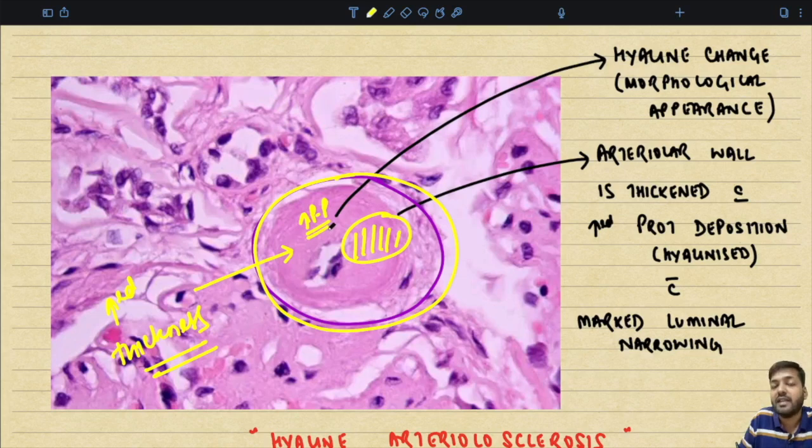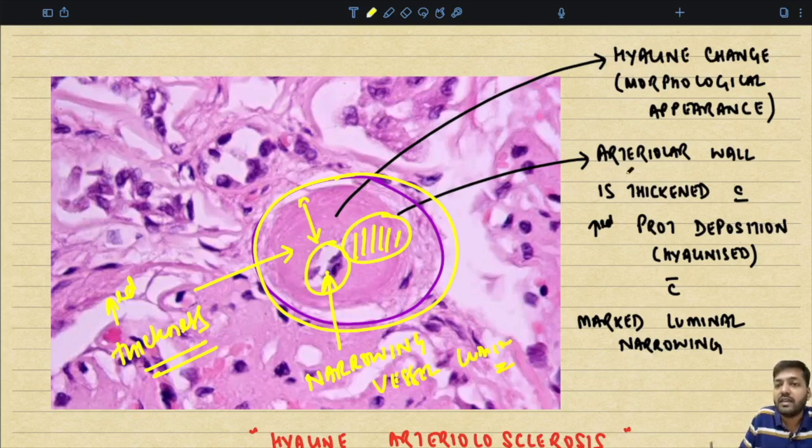Along with that, there is excessive smooth muscle cell matrix synthesis as well. Ultimately there is excessive thickness of the blood vessel wall, and because of this, if you look at the lumen, there is narrowing of the vessel lumen, as we can appreciate over here.